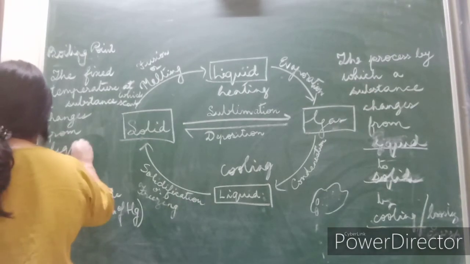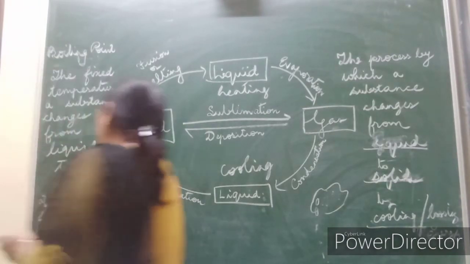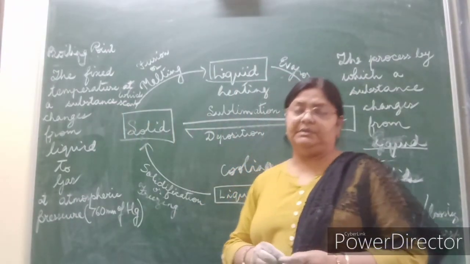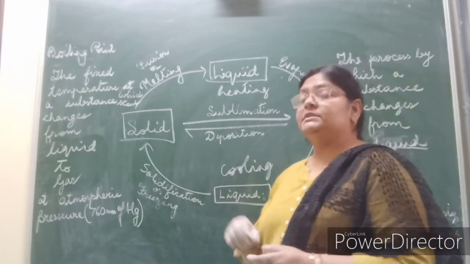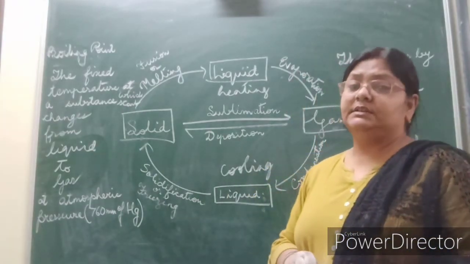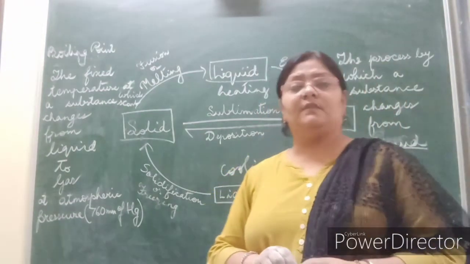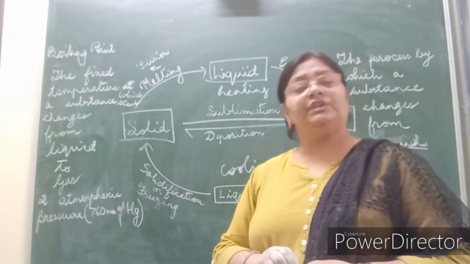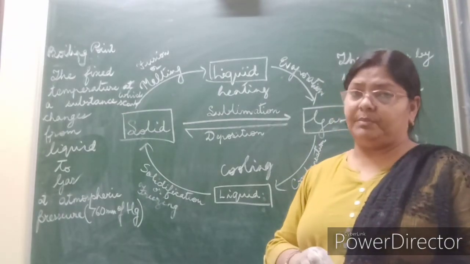From liquid to gas at atmospheric pressure, that is 760 millimeter of Hg. The water that is taken starts boiling at 100 degrees centigrade. That is the boiling point of water, and it will remain the same. The temperature will not change till the full water has changed its state into vapor.